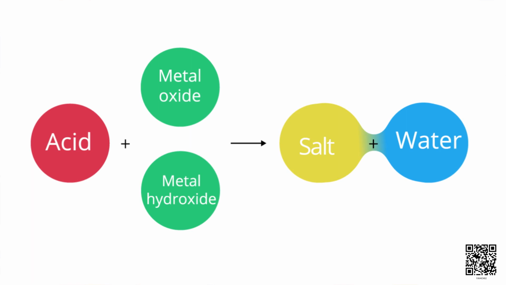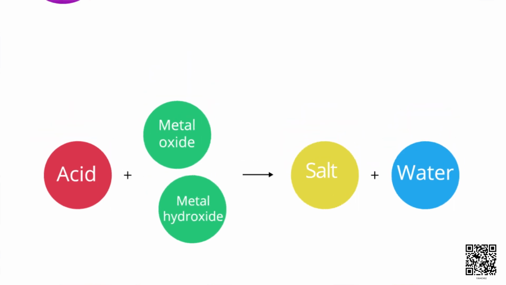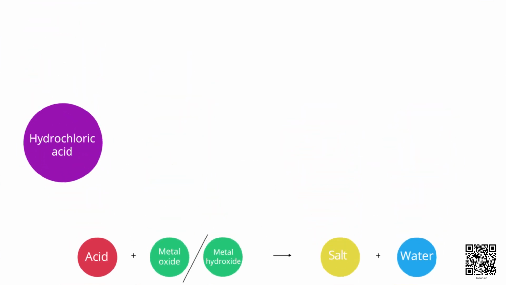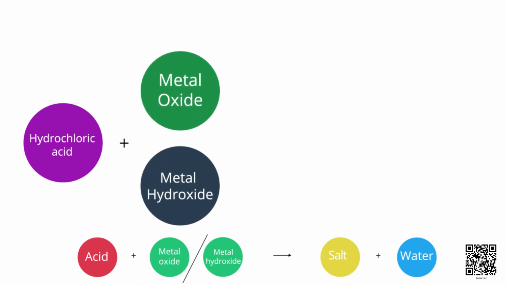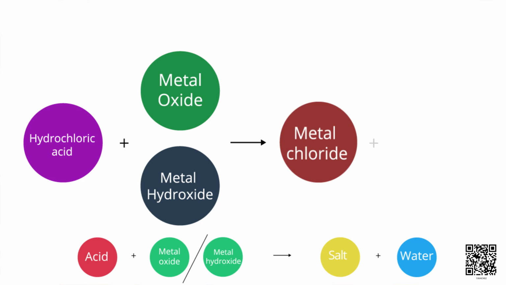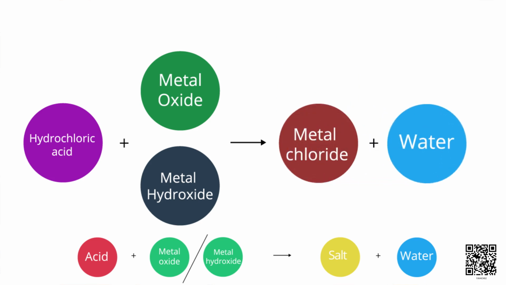Let us try to understand this with the help of an example. Say, for example, if we react hydrochloric acid with any metal oxide or metal hydroxide, then chloride salt of that metal and water are formed.